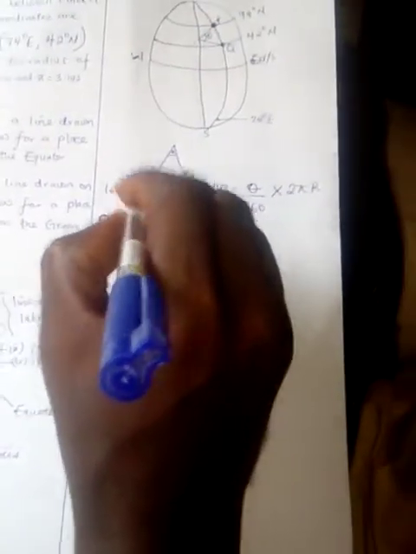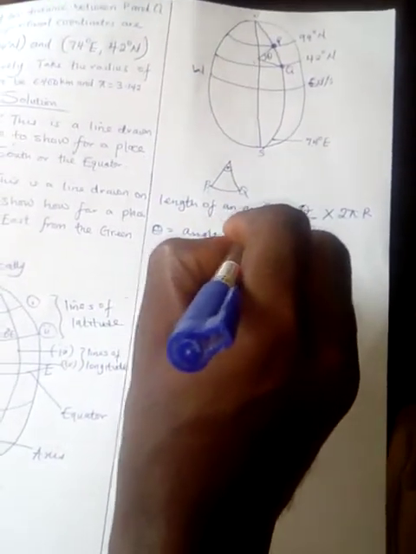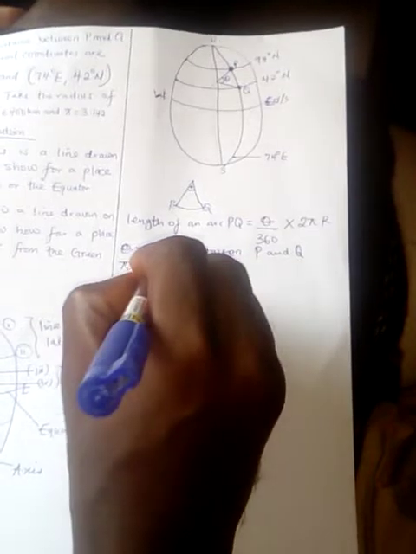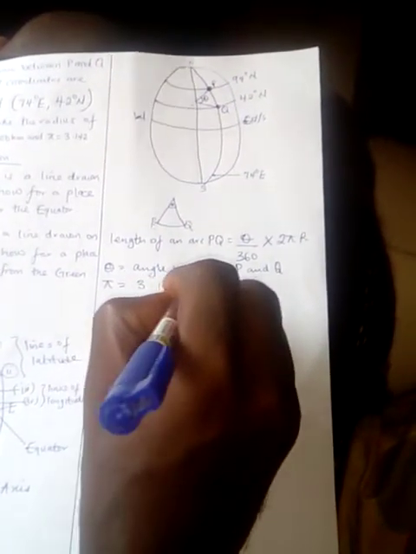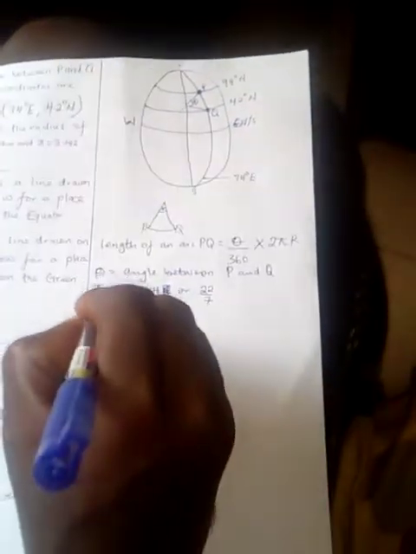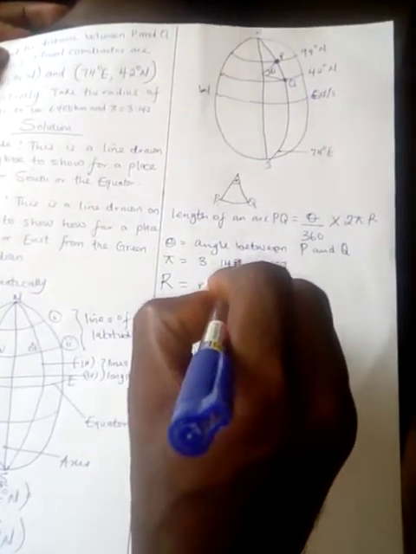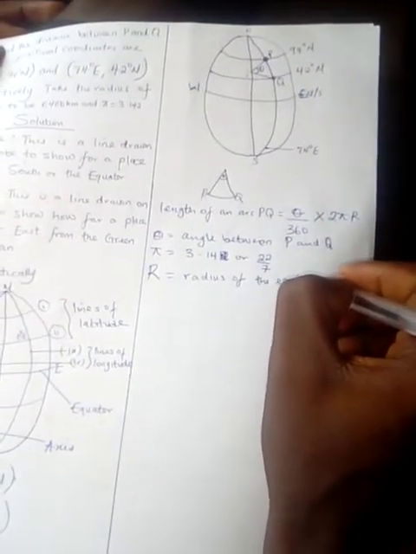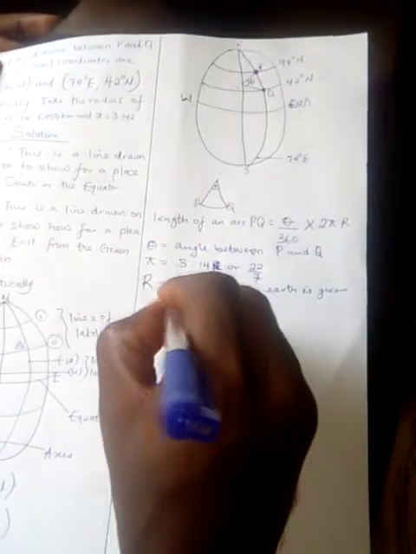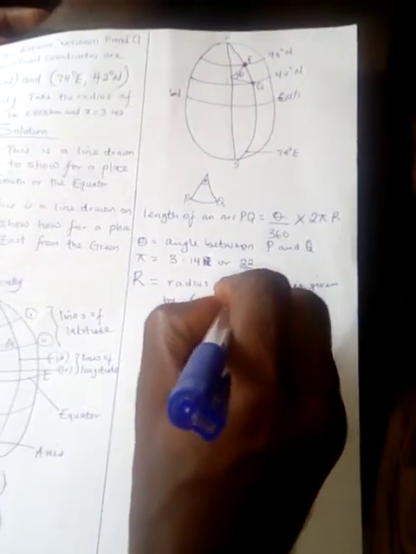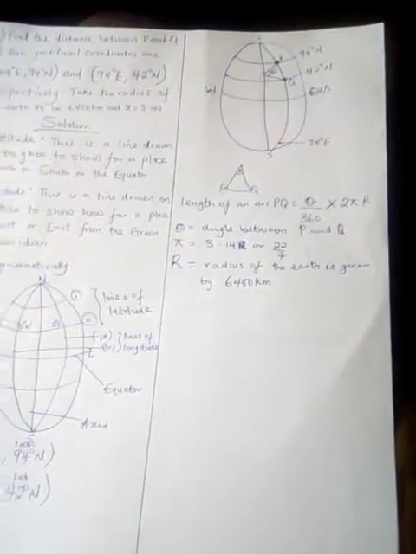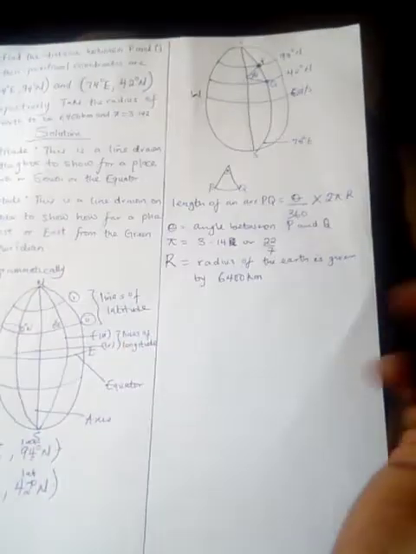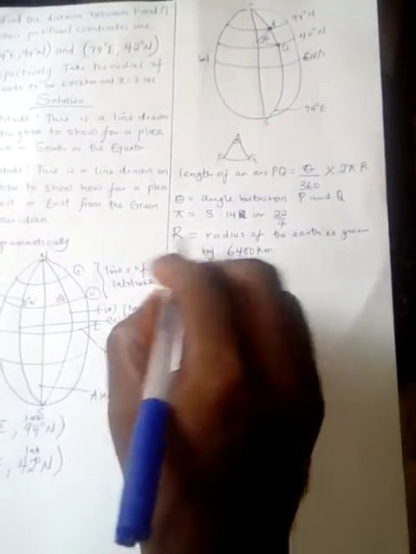Theta is equal to the angle between P and Q, and pi is equal to 3.142 or 22 over 7, as the case may be. r is equal to the radius of the earth, and is usually given to be 6,400 kilometers, except if the instructor gives another value for the radius of the earth, say 6,370, or any value to represent the radius of the earth.